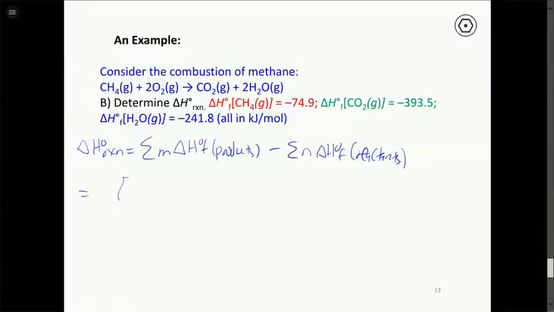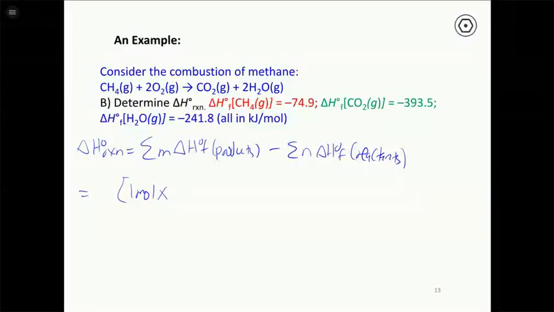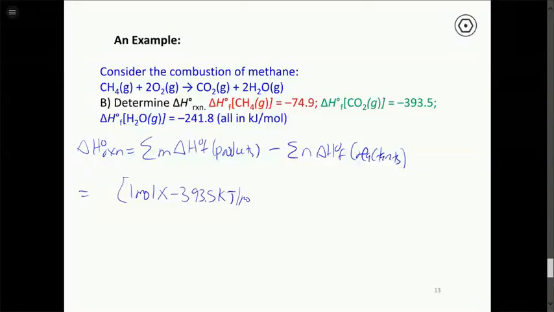So if we do this for the product side, on our product side we have 1 mole of CO2. So we're going to use the coefficient of 1, and we're going to multiply that by the delta H of formation for CO2, which is minus 393.5. So you notice that all of the formation enthalpies are given to us in kilojoules per mole, because it's formation of 1 mole of that compound.